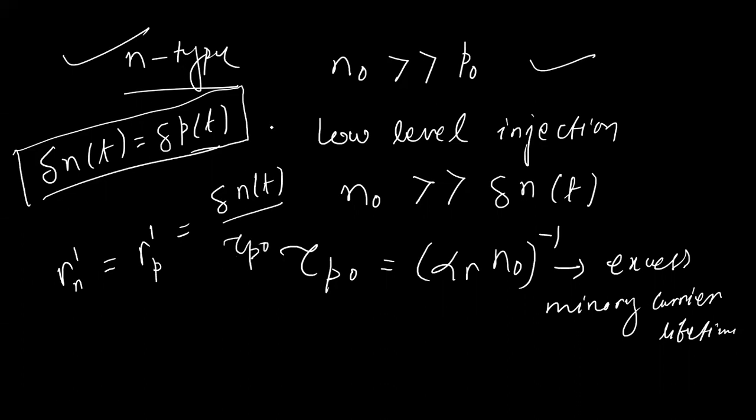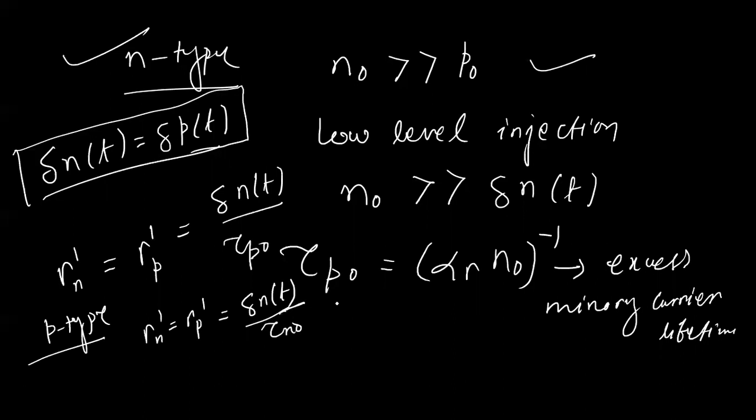So this is for N type, and for P type we wrote, rewriting it again, Rn dash is equal to Rp dash, which gives delta Nt divided by tau n0.